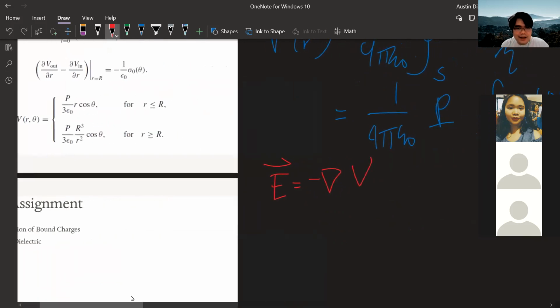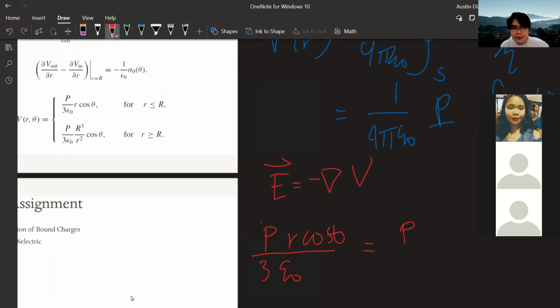So R cos theta is just, I can write this down as P R cos theta, ano yung R cos theta? 3 over 3 epsilon naught. I could write this down as P tapos R vector. Okay? Tapos dotted with z.